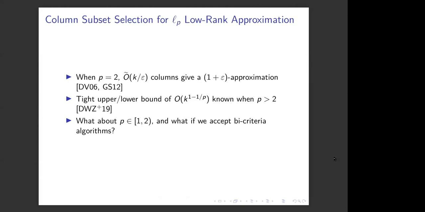That's a tight upper and lower bound. So the best column subset selection in the worst case can get an approximation factor of k to the 1 minus 1 over p. But the case when p is at least 1 and less than 2 is not fully resolved. So we set out to find the optimal polynomial time achievable approximation factor.